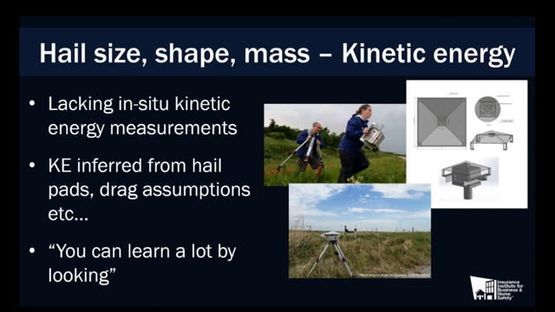We adapted some of the data acquisition components, and really it captures the impact energy and its time variation from a hail event. And we can work backwards to apply some of the functions that we did in the kinetic energy paper to get a size estimate. But it also gives us these kinetic energy distributions that we can look at. We can also compare with conventional hail pads and our own physical measurements to see how accurate these are.